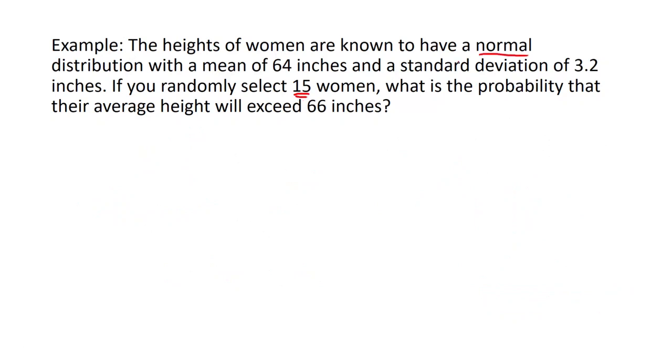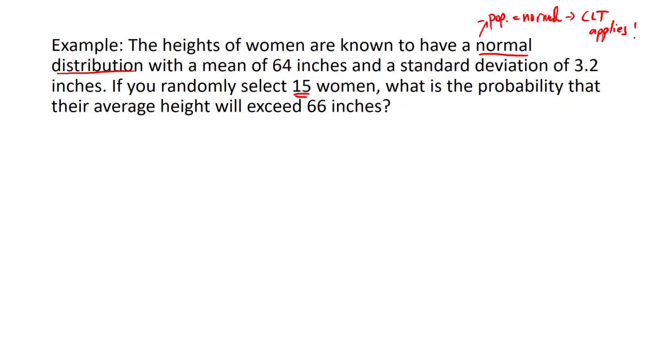Now, in this case, the population is already normal. So the central limit theorem applies no matter what. I mentioned that sample size check, but if you already have a normal distribution, you don't have to worry about a sample size. So 15 is going to be fine.